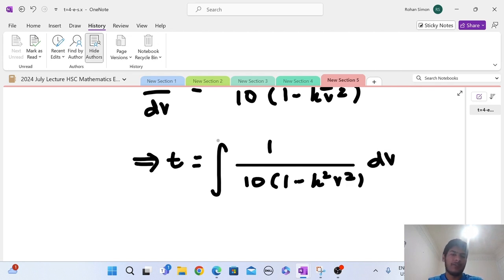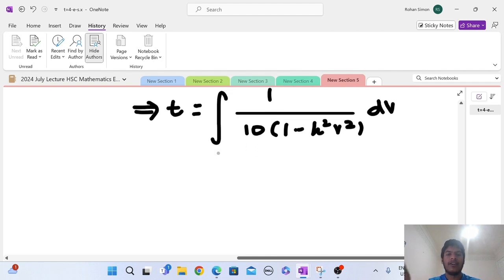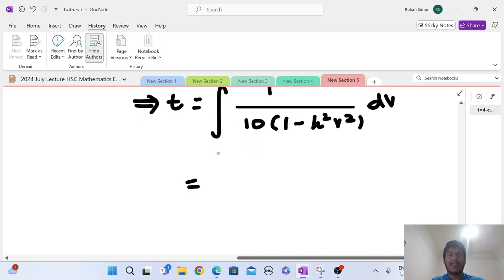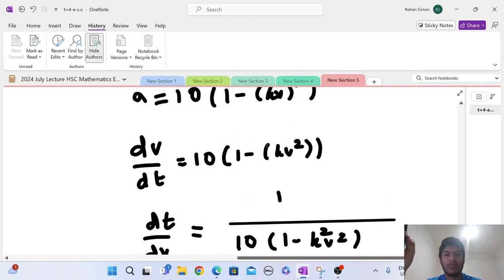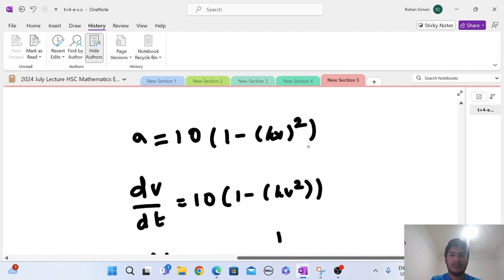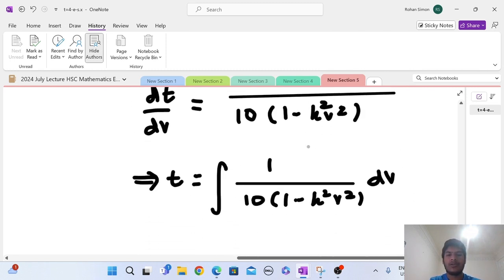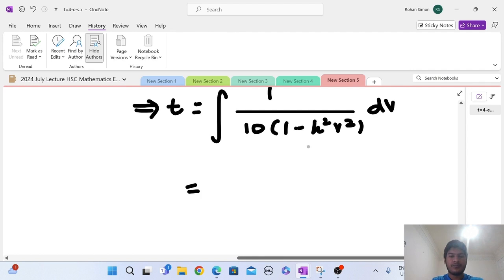Now, this isn't in a form that we can easily integrate, so we're going to have to use a bit of factorization. And that's one of the reasons they gave it to us as 1 minus kv, sorry, that should be outside, (1 minus kv) squared. The reason is for us to identify that it's a squared minus b squared form, a difference of 2 squares.